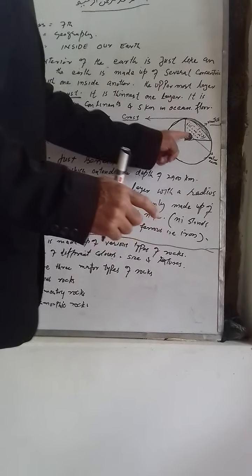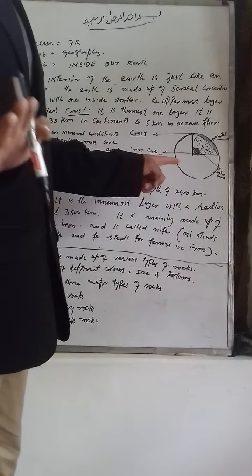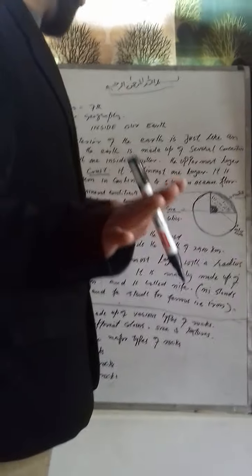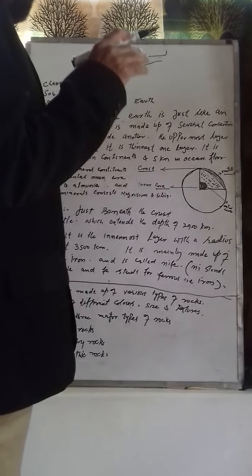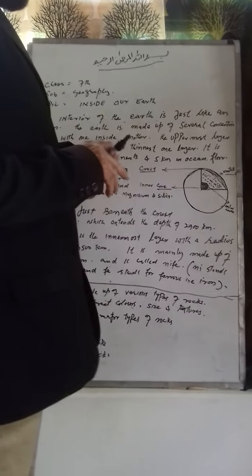It is mainly made up of nickel and iron. It is an informative lecture, so you may know that this core is mainly made up of nickel and iron. What is meant by nickel and iron?